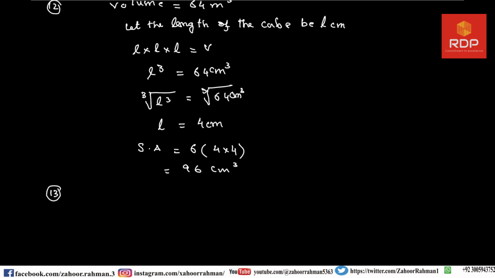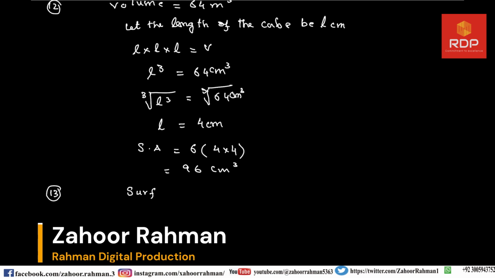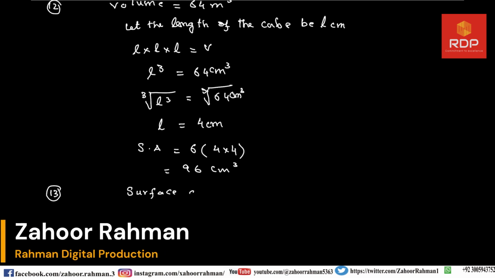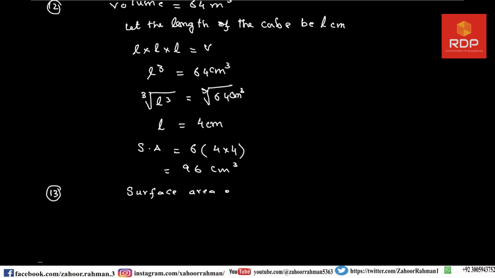Question number 13 is saying the total surface area of a cube. So let us write first surface area of cube is equal to 433.5 centimeter square.